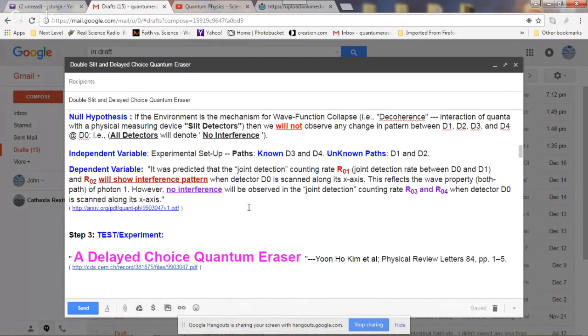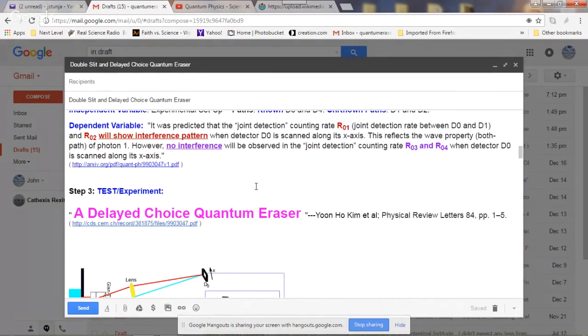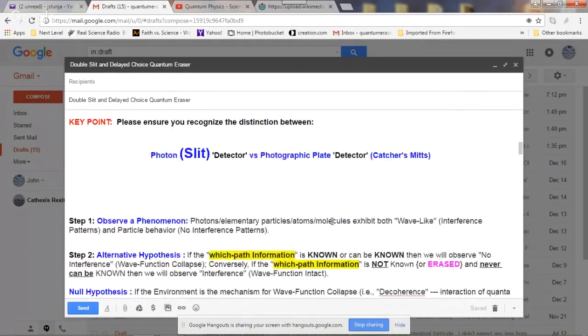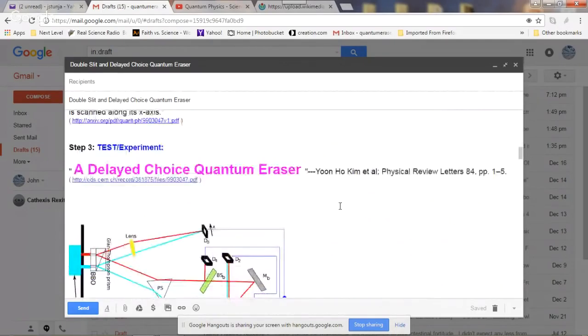However, no interference will be observed in the joint detection counting rates of R3 and R4 when detector D0 is scanned. All right, so that's pretty cut and dry. So to solve this issue and to answer which one of the two camps was correct, the delayed choice quantum eraser was devised.